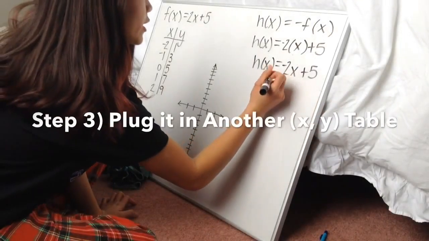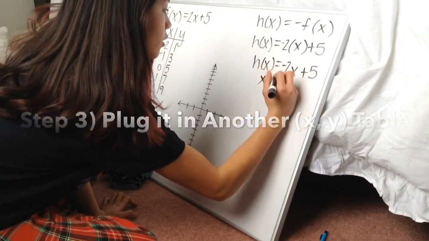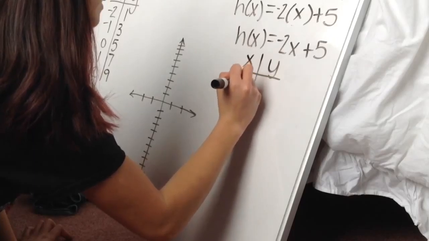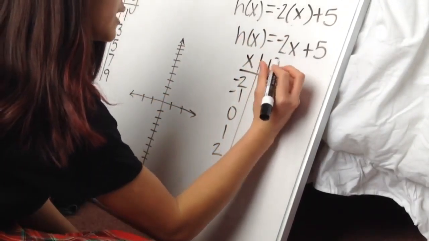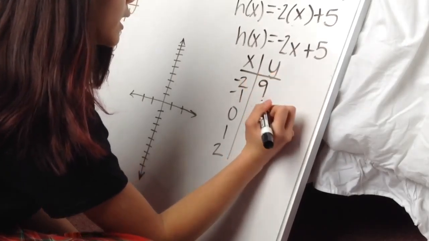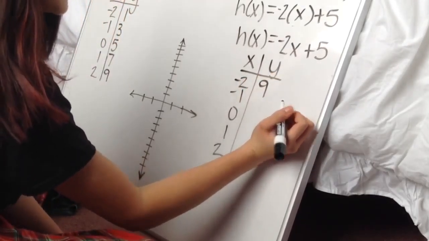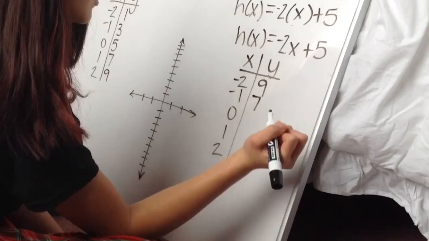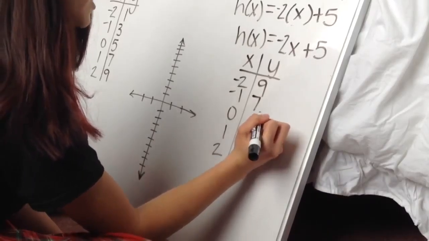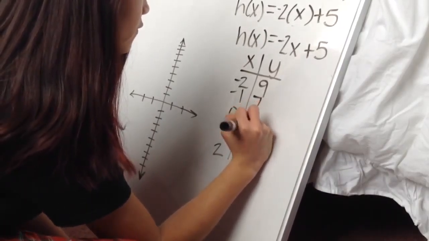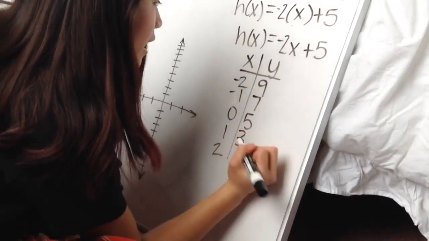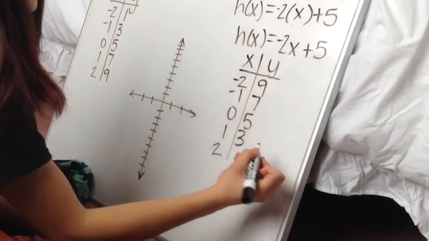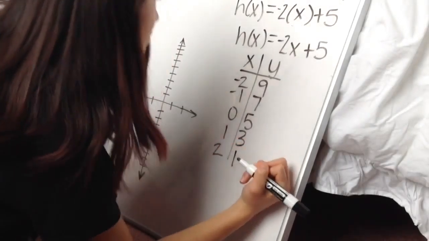Now I'm going to create another xy table, negative 2 through positive 2. Negative 2 times negative 2 plus 5 is 9. Negative 1 times negative 2 plus 5 is 7. 0 times negative 2 plus 5 is 5. 1 times negative 2 plus 5 is 3. And 2 times negative 2 plus 5 is 1.